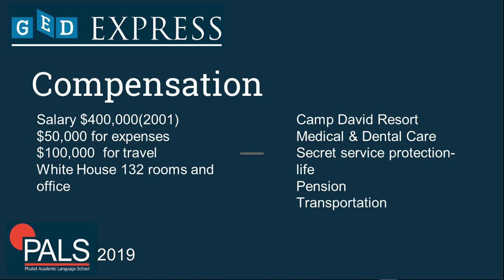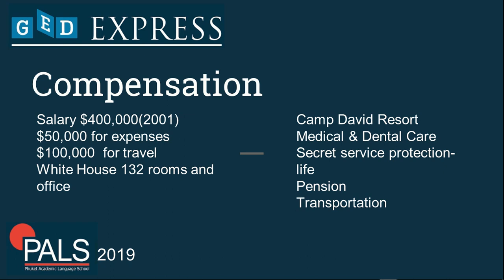We have also compensations. As we all know, the president and the vice president have their own salary or wages. We have here the list. Salary of 400,000 US dollars in 2001. We have also $50,000 for expenses. We have $100,000 for travel.